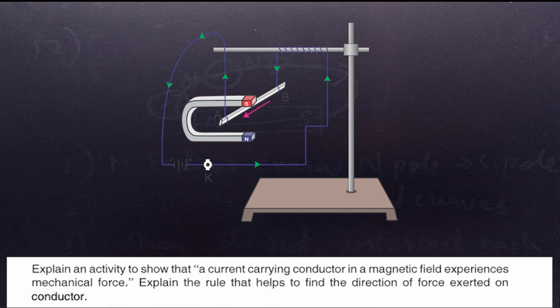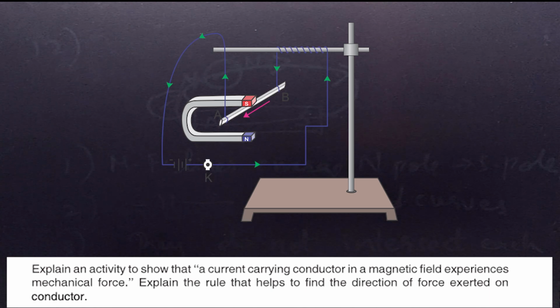The rule that helps to find the direction of force that is going to be exerted on the conductor is Fleming's left hand rule, and the force experienced by the conductor will be maximum when the current and the magnetic field are mutually perpendicular to each other.